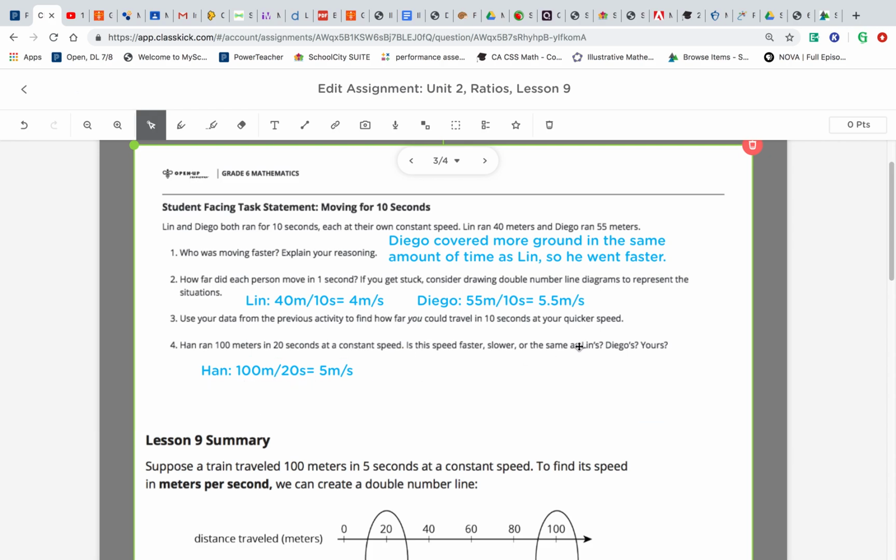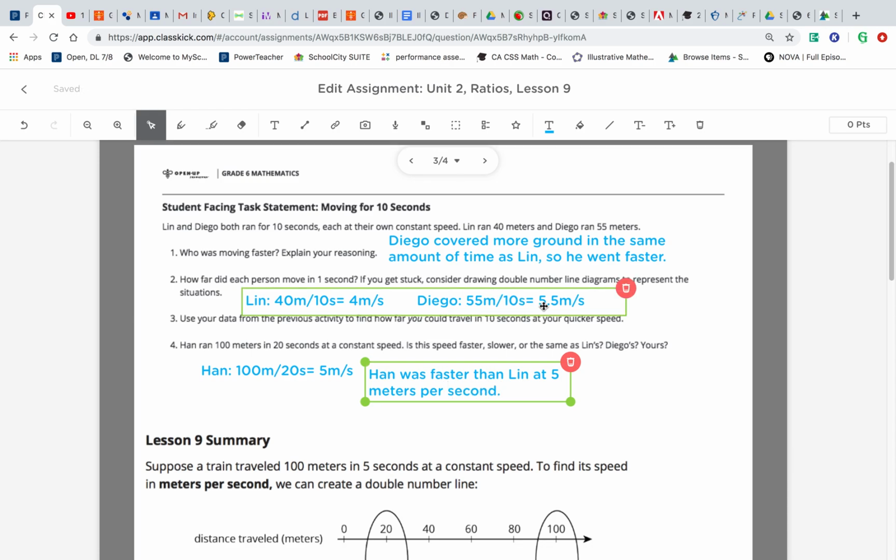Was Han faster than Lynn? 5 meters per second compared to Lynn, which had 4 meters per second. Han was faster. Okay, so we can say Han was faster than Lynn at 5 meters per second.